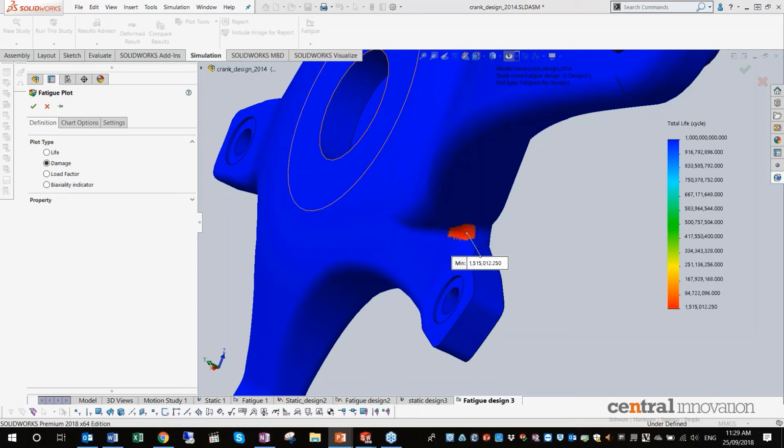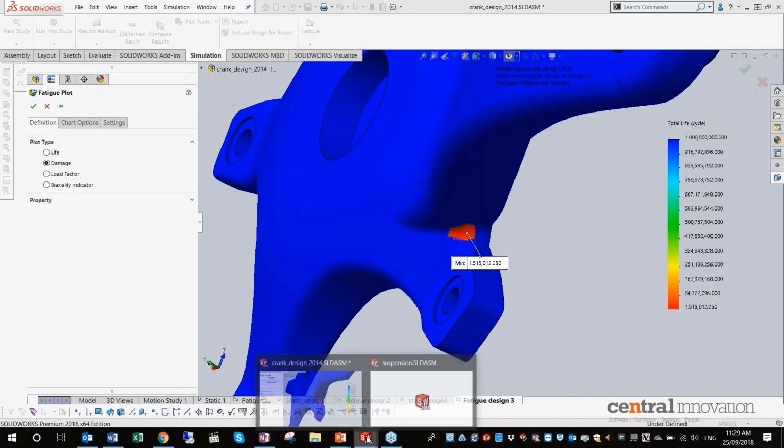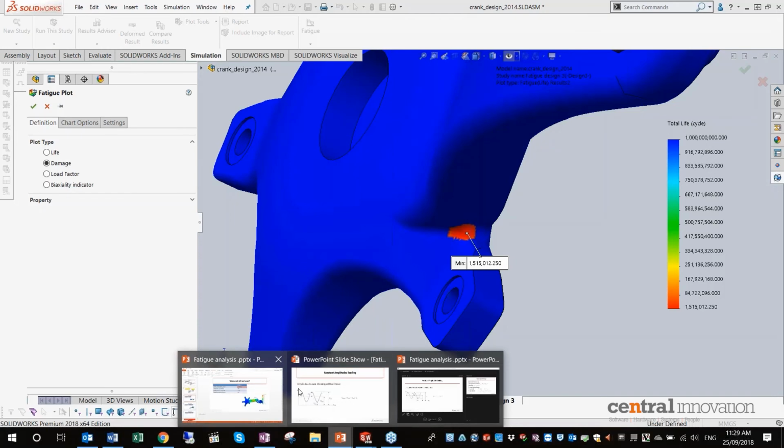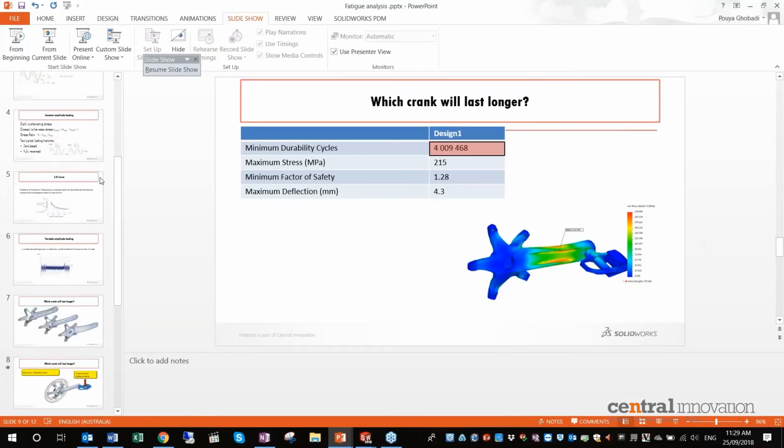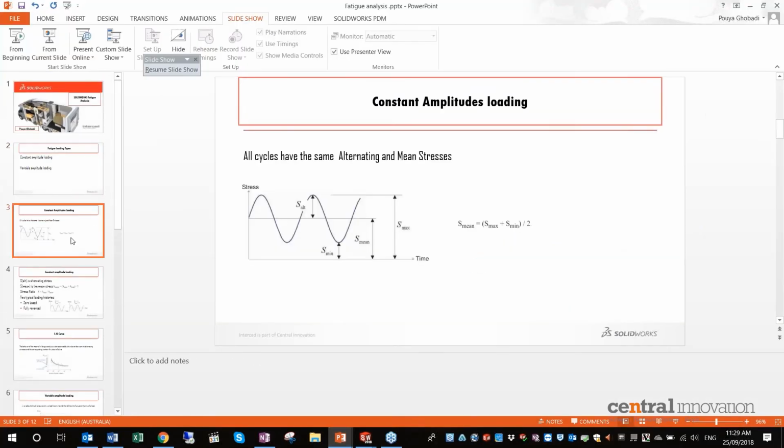I'm going to do a quick recap of this discussion that we had. Right, let me bring up the slides. There we go. We learned that when we talk about fatigue analysis, we have constant amplitude loading and variable amplitude loading.